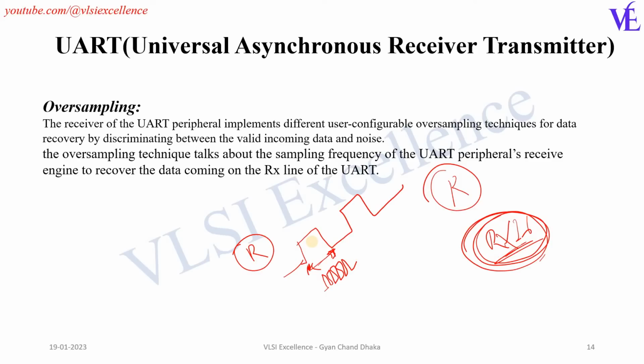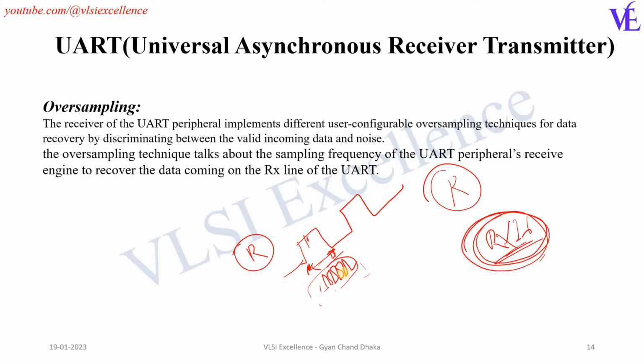In normal conditions, when the UART TX and RX baud rates are the same, the UART receiver will sample this bit only once. But now the receiver is going to sample this bit 16 times, for example, and then determine what the value of this bit is, whether it is 0 or 1.